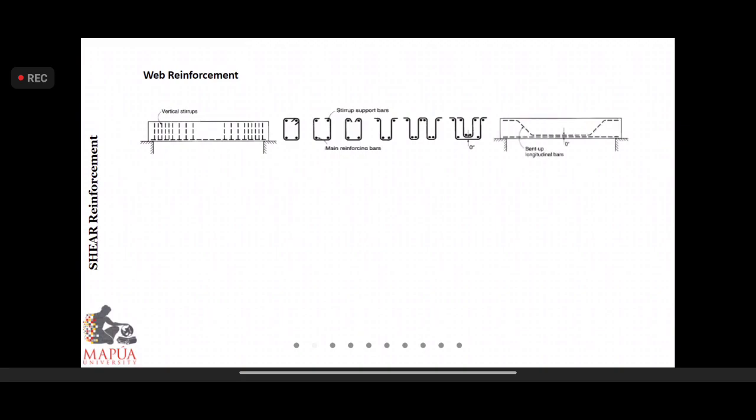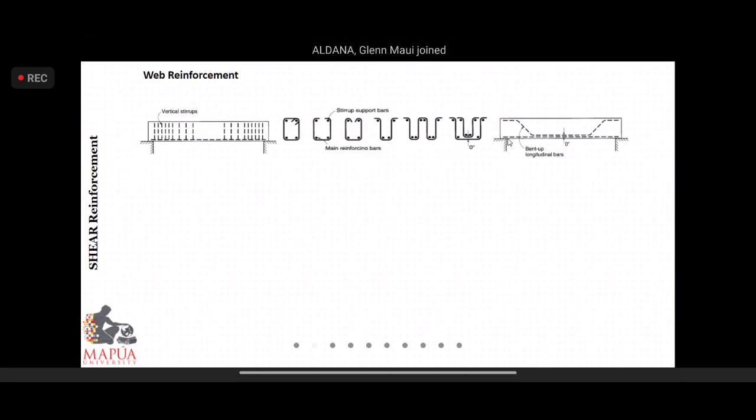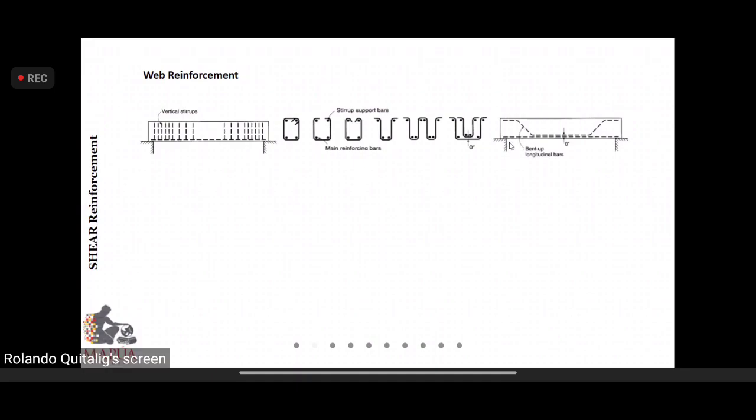And this is a representation of bent up longitudinal bars. Well, you can cut it right here and extend it about here with a consideration of governing distance from the clear span, from the face of the support. Similar manner right here.